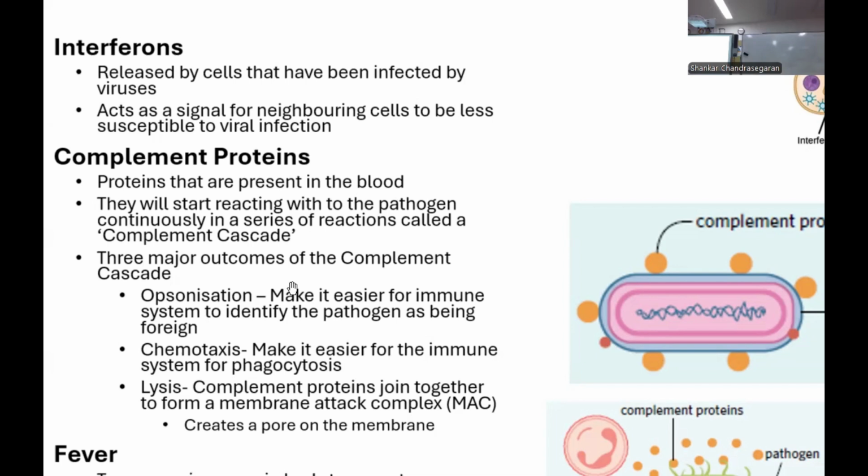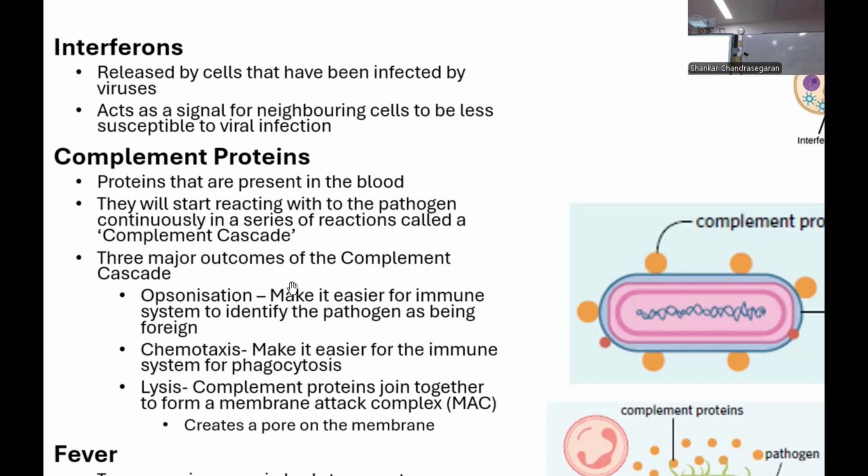So, for example, there are three ways that a complement system can work against a pathogen. One is opsonization, the other one is chemotaxis, and the last one is lysis, right? These reactions, these complement cascade systems, are part of why pathogens cannot get a strong foothold in your body.